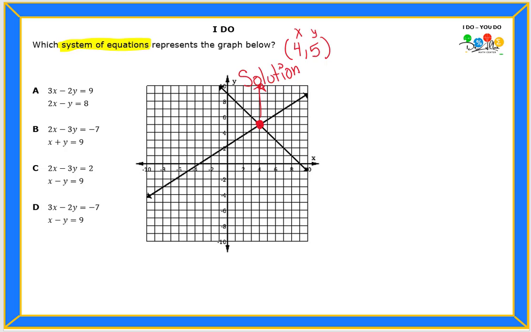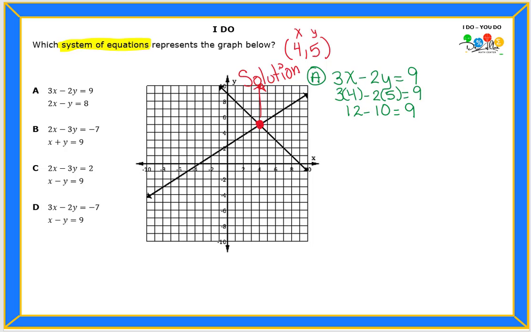Okay, so for example, I want to start with A. My answer choice A has the equation 3x minus 2y equals 9. So I'm going to replace x with the 4 and y with a 5, hoping that I get a 9 as an answer. So 3 times 4 is 12 and 2 times 5 is 10.